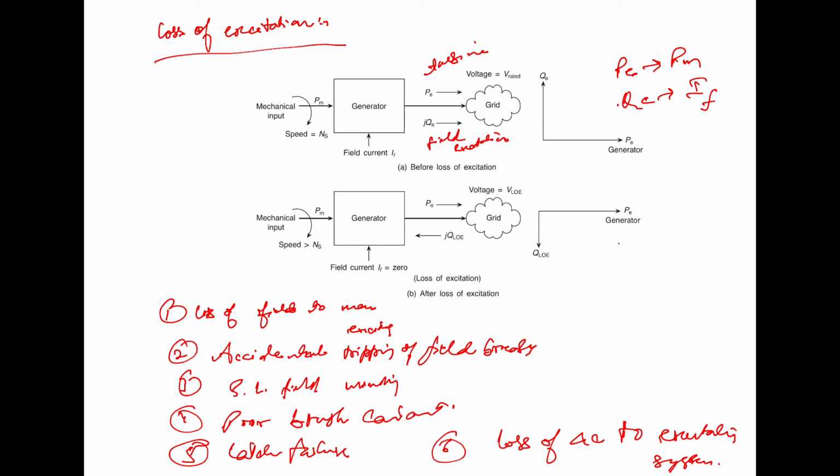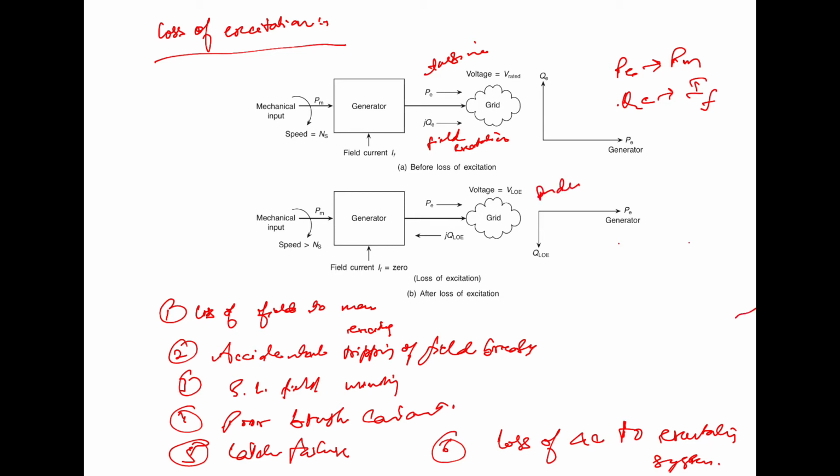Now consider that the field excitation is lost while the mechanical input remains intact. Since the generator is already synchronized to the grid, it will make an attempt to stay synchronized with the grid by running as an induction generator.